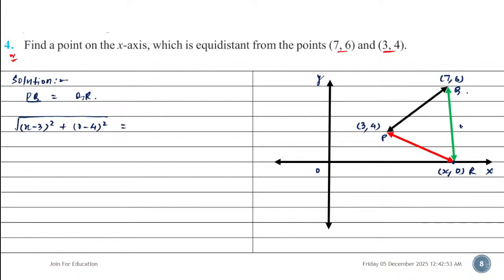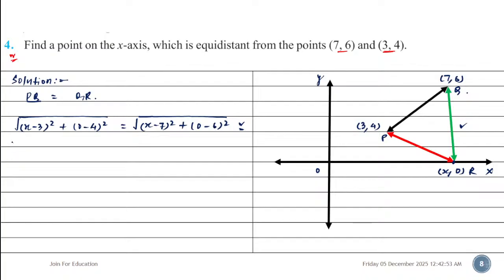This is QR, so the square root of (x minus 7) whole square plus (0 minus 6) whole square. There should be no problem understanding up to this step.